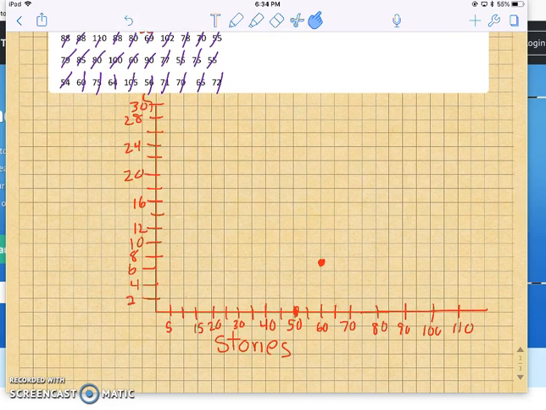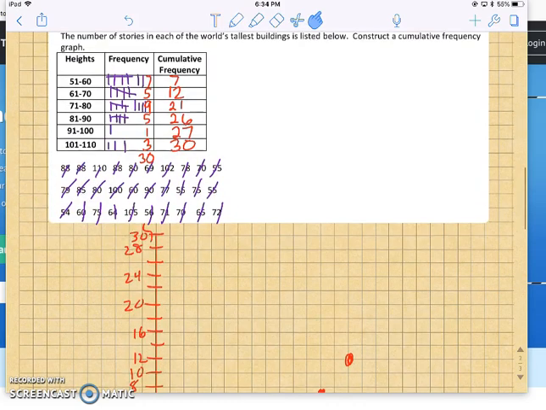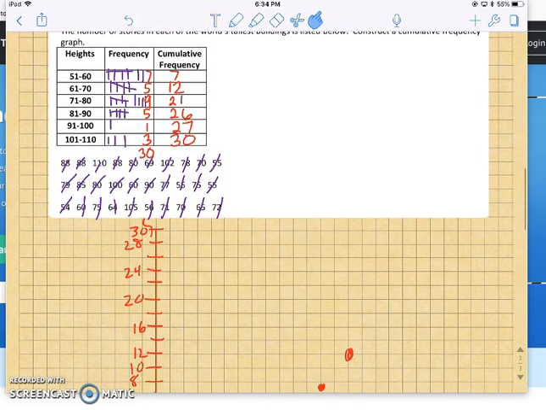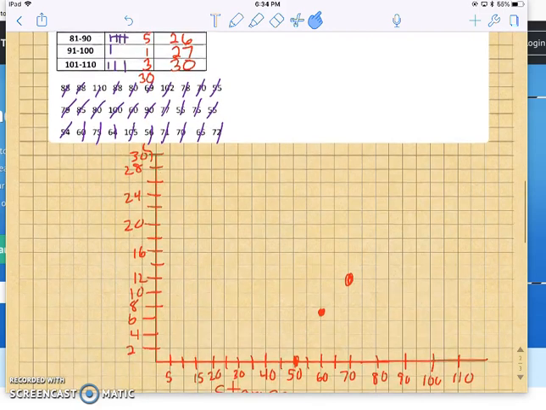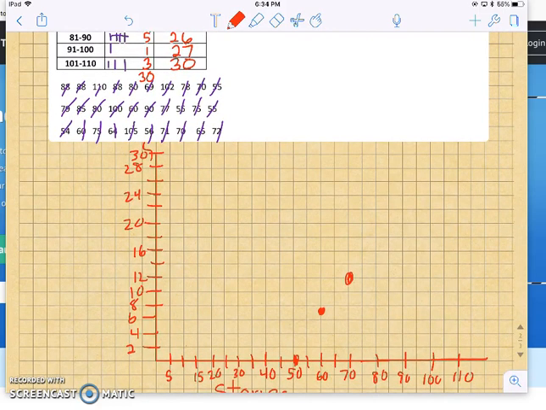So there are 12 buildings that are less than 70. Let's see, 80 goes with 21. 90 is at 26. 100 is at 27, so right in the middle. And then 110 was at 30. So our cumulative frequency graph looks like this.